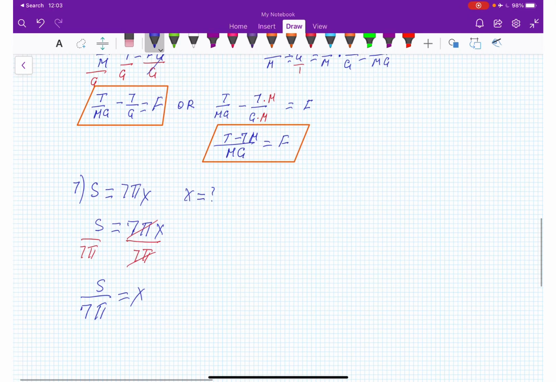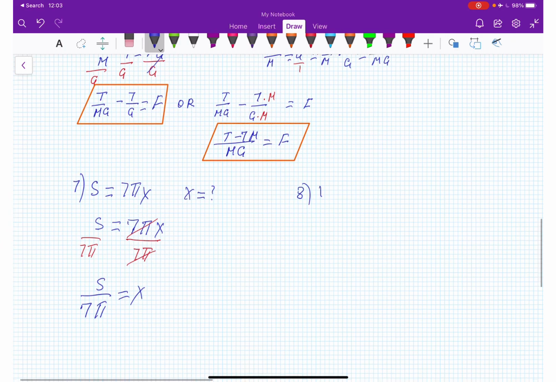Next one. Question number 8. We have v is equal to y times (a plus r). We need to solve for a. To solve for a, first we need to get rid of this y because it's a multiplication here.